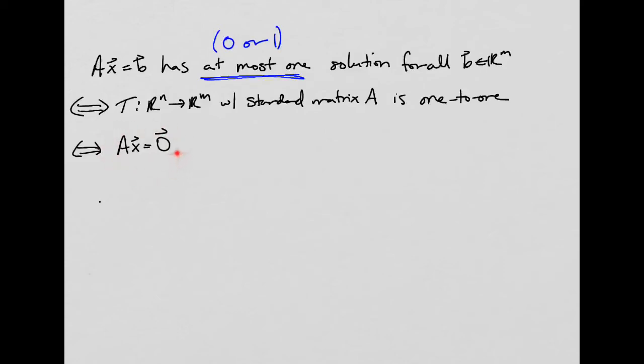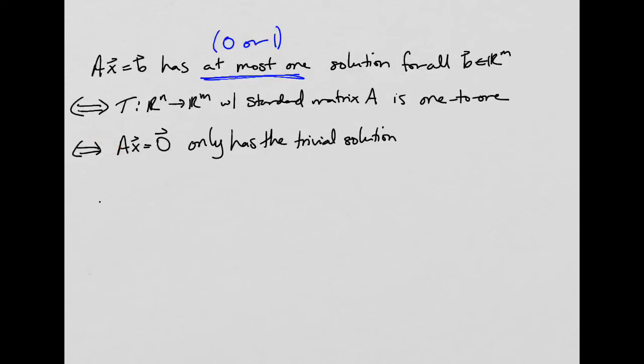And usually you try to figure out if you have non-trivial solutions. But this is telling us now that this has at most one solution. So that means that this must only have the trivial solution. It has exactly one solution, and it's a trivial one. So this first statement implies that AX equals 0, the homogeneous system, has the trivial solution only.